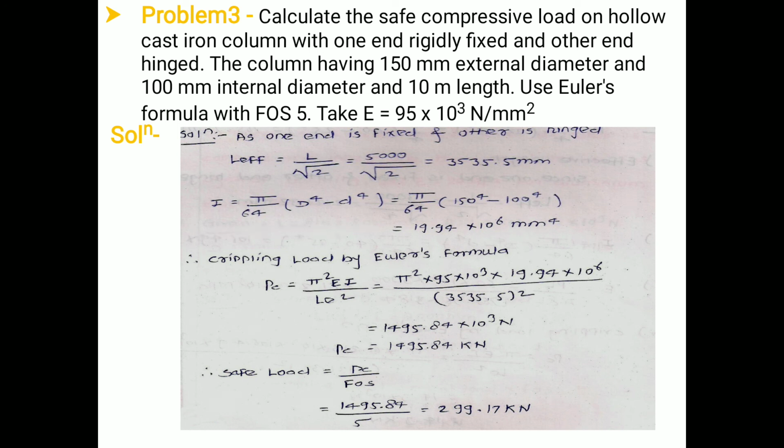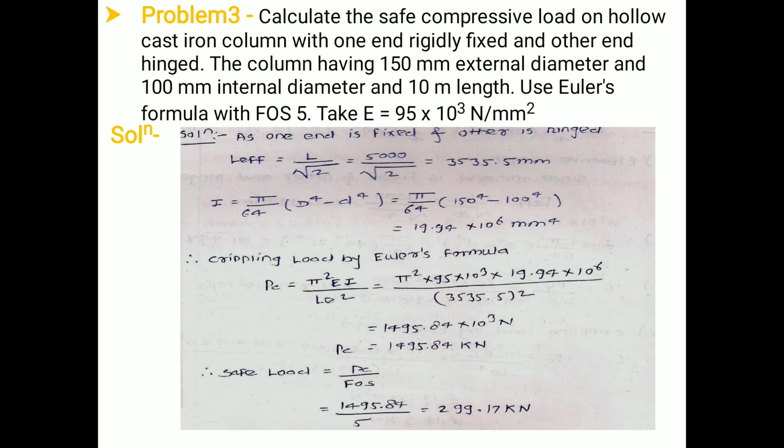Therefore, on putting the value of capital D, external diameter, and internal diameter, we will have the value of moment of inertia 19.94 into 10 raised to 6 mm raised to 4. This is the value of moment of inertia. Now put the value of moment of inertia and effective length into Euler's formula.